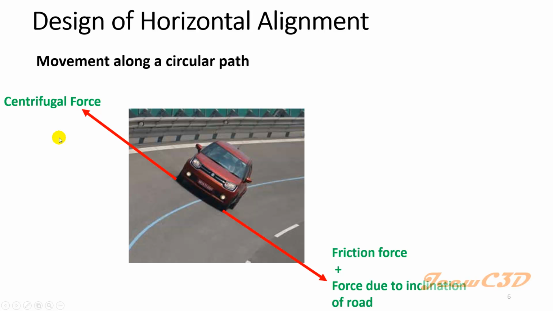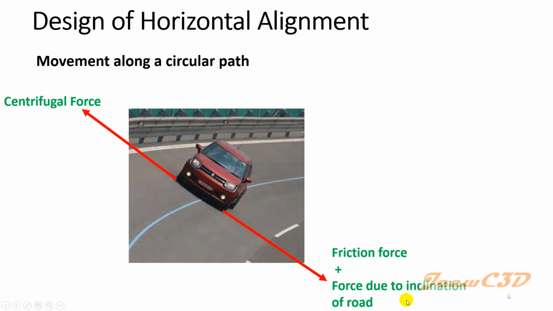So when the curve radius is high, the friction force can single-handedly tackle the centrifugal force. It does not need the force due to the inclination of the road. That means the curve does not need super elevation at this curve radius.